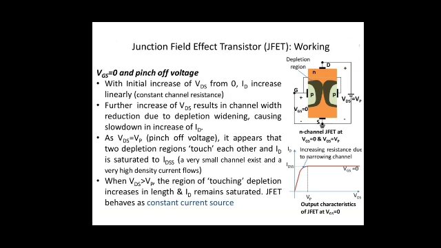Okay, you will always try to apply a reverse bias voltage at the gate terminal.